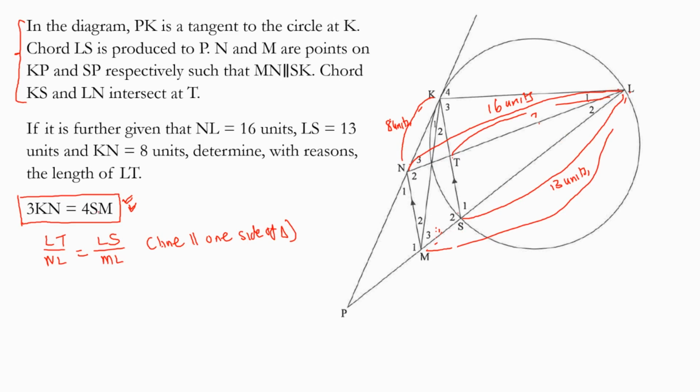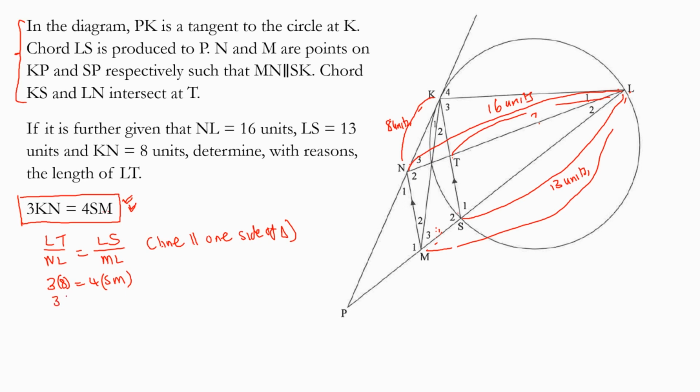Right, let's find SM. We're given that 3 KN, KN is 8. So 3 times 8 is equal to 4 times SM. Then we divide by 4 on both sides.